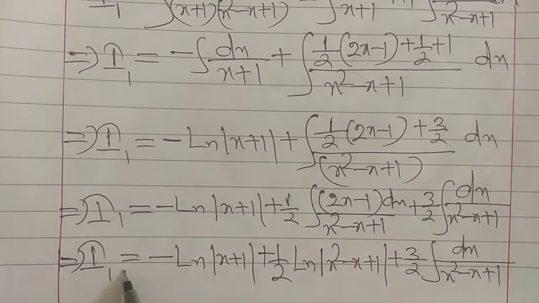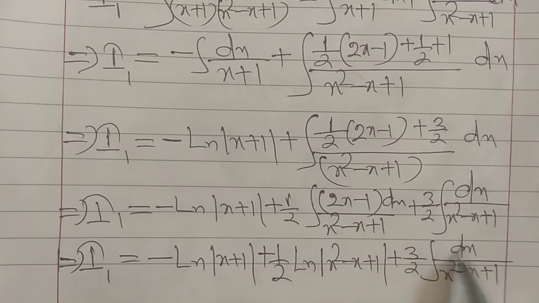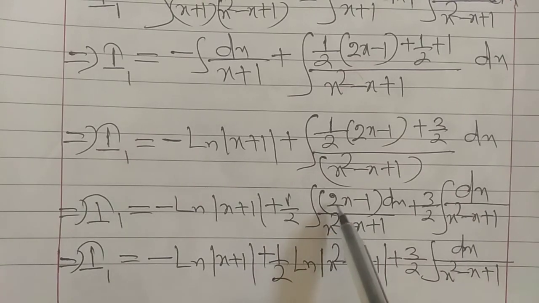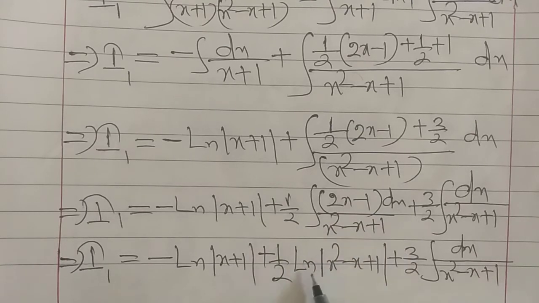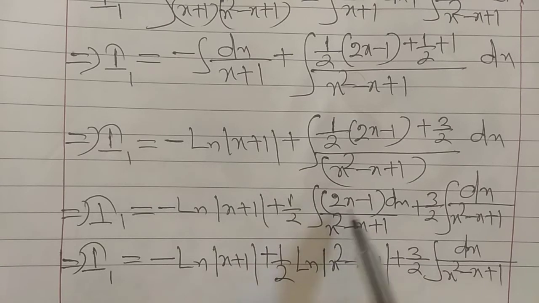So this implies I1 is equal to minus ln modulus of x plus 1 plus 1 by 2 ln modulus of x square minus x plus 1 plus 3 by 2 integration of dx by x square minus x plus 1. Here integration of 2x minus 1 into dx by x square minus x plus 1 is equal to ln modulus of x square minus x plus 1. Now if x square minus x plus 1 is t, then 2x minus 1 into dx is dt.